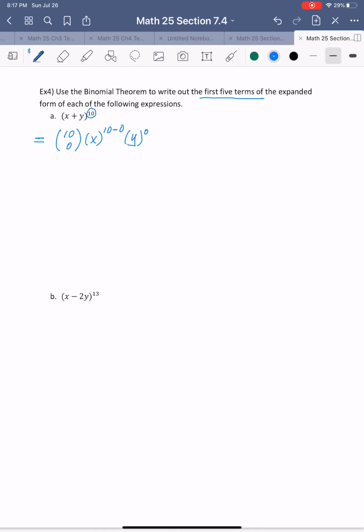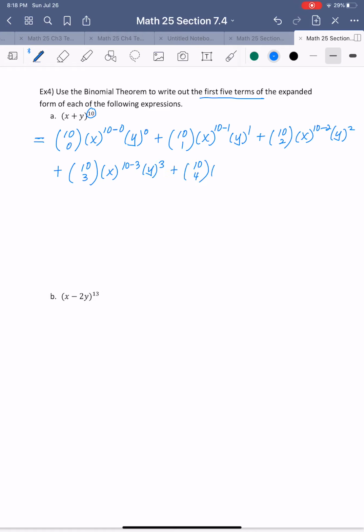The next one is 10 choose 1, x is to the power 10 minus 1, and y is to the power of 1. 10 choose 2, x is 10 minus 2, and y is to the second power. 10 choose 3, x is 10 minus 3, and y is cubed. Now 10 choose 4, x is 10 minus 4, and y is to the fourth power. So that's 5 terms, and we can keep going the same way.